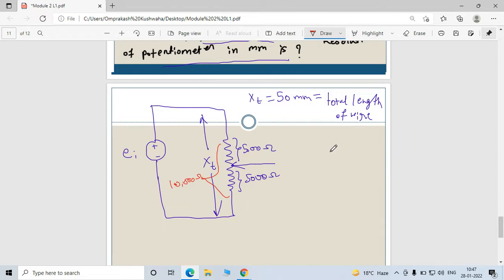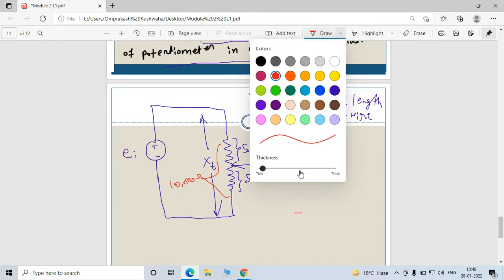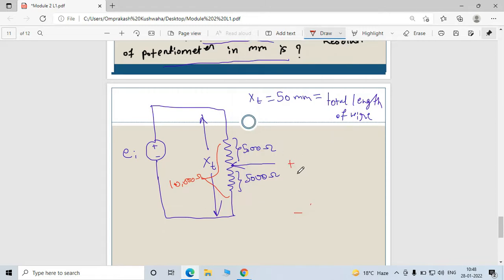Now this is your plus and this is your minus. From this you want to take the reading, which is the electrical output, or you can say potential.